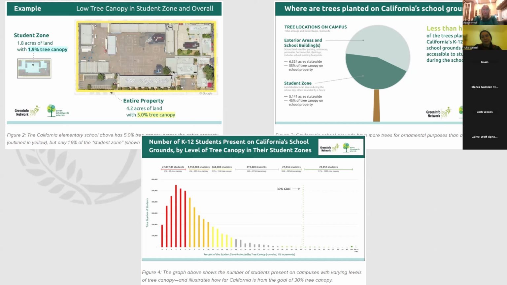So what I would like is for students to get this information, understand that schools and vegetation are not mutually compatible ideas in most cases, and start having a conversation about what it would look like to introduce more vegetation canopy to the school grounds to make it more heat and climate resilient.